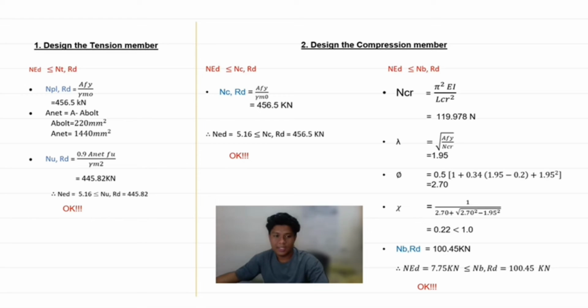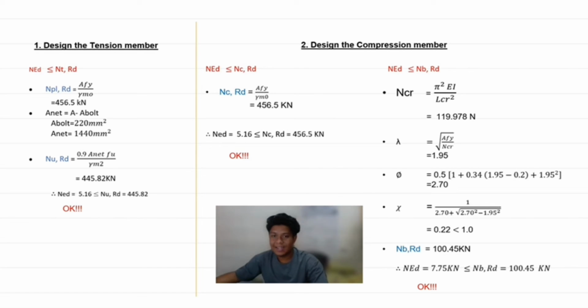So the conclusion is NED equal to 5.16 is smaller than NURD of 445.82, so that's okay. Next, NED is smaller than NCRD. NCRD is 456.5 kN. So the conclusion is NED equal to 5.16 is smaller than NCRD equal to 456.5 kN, and that's okay too.